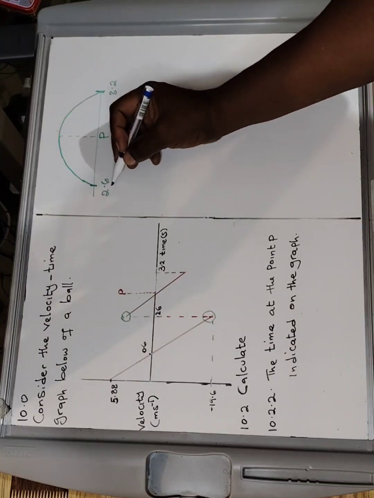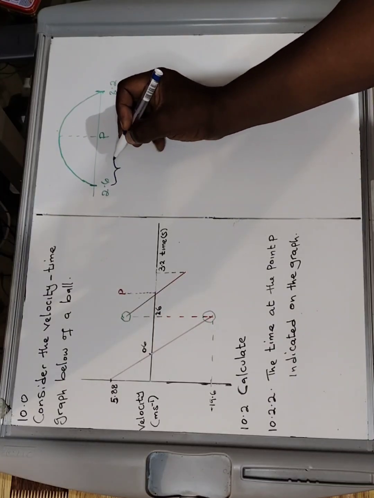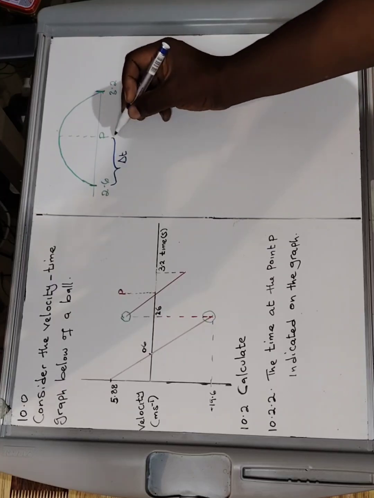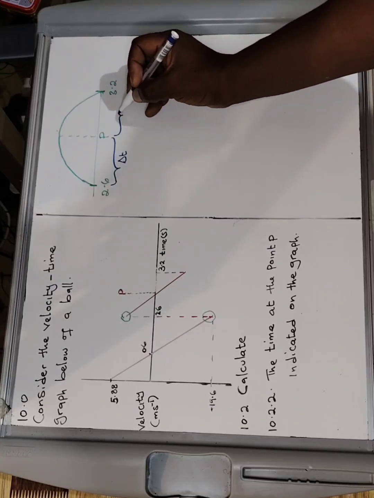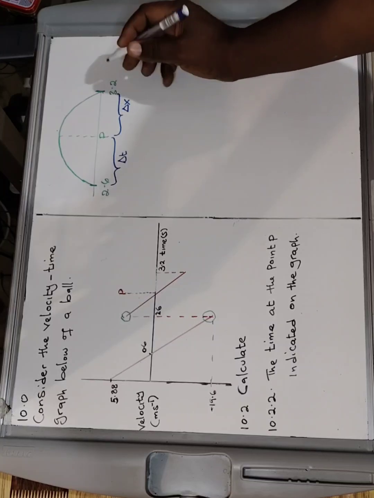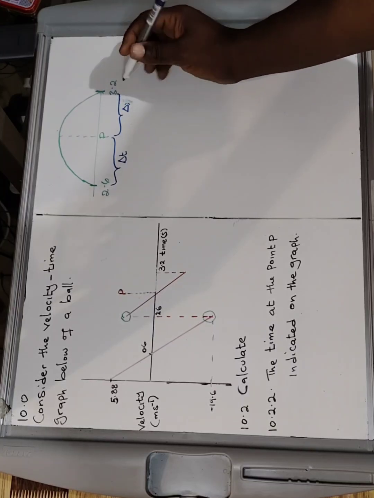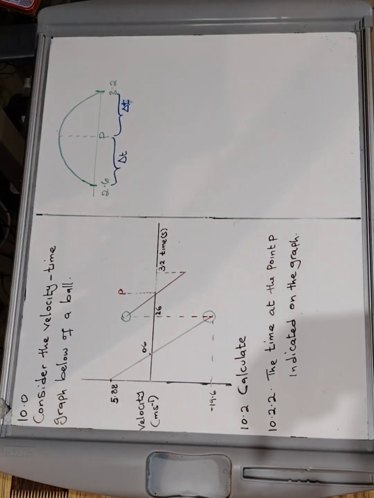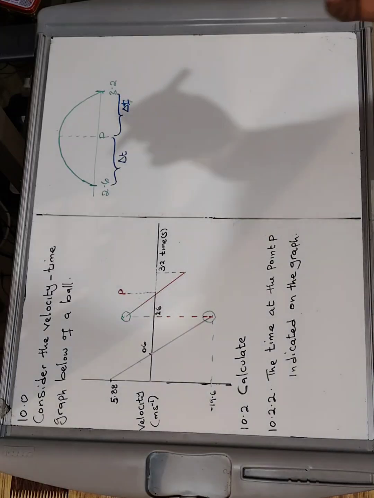When it comes to time, the time taken to reach maximum height, which is delta t, is equal to the time taken to move from maximum height back to the point of projection. That is true. So if that is true, what can we say?